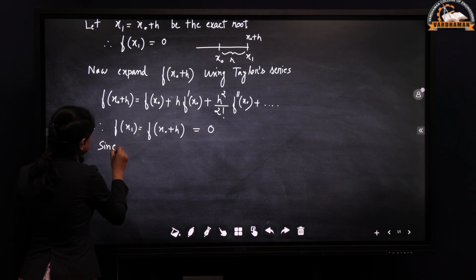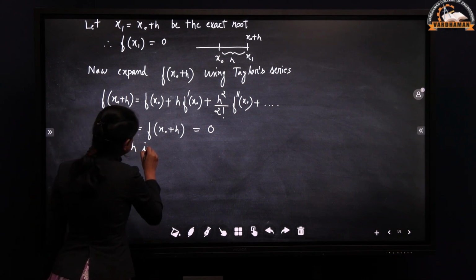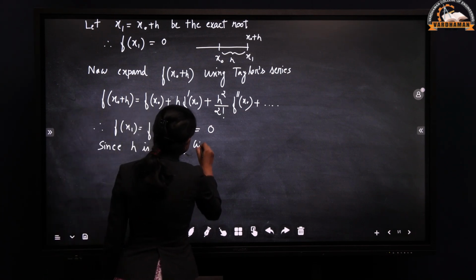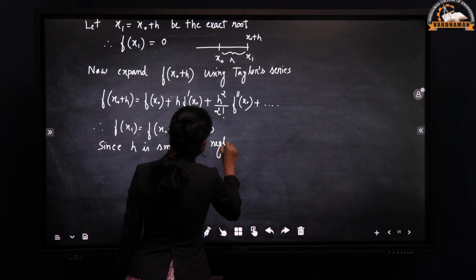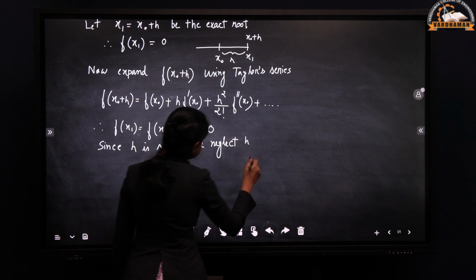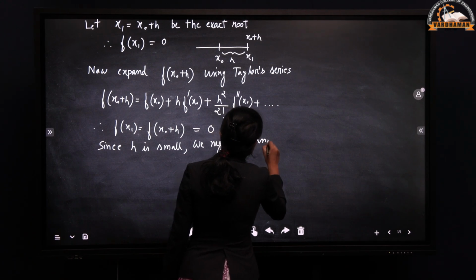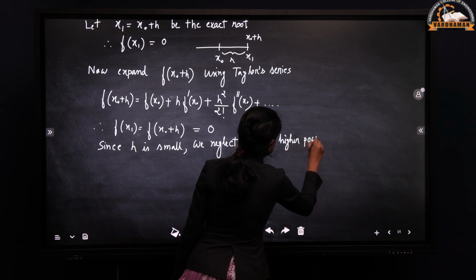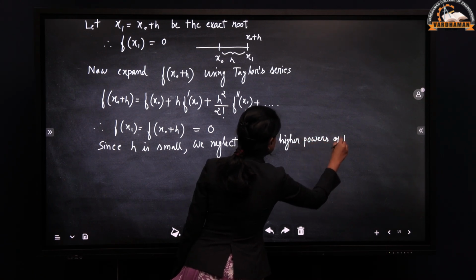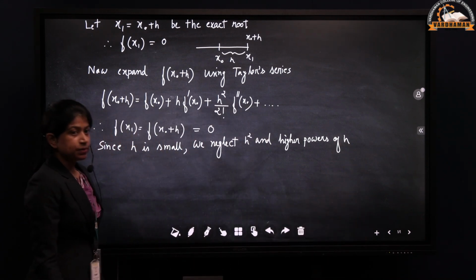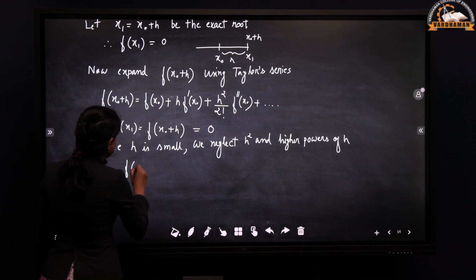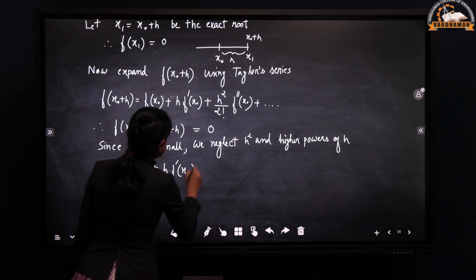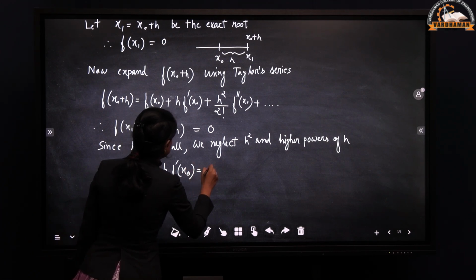Since h is small, we neglect h square and higher power of h. So what we will get? We will get only f of x naught plus h f dash x naught is equal to 0.